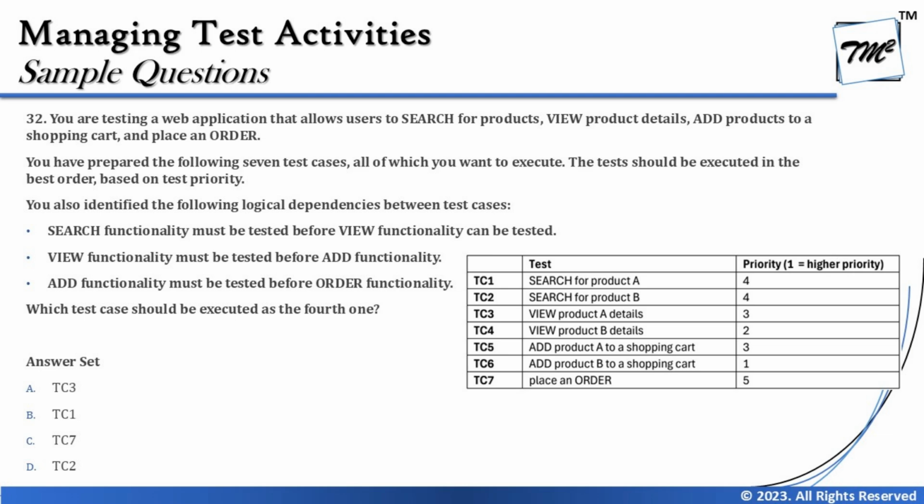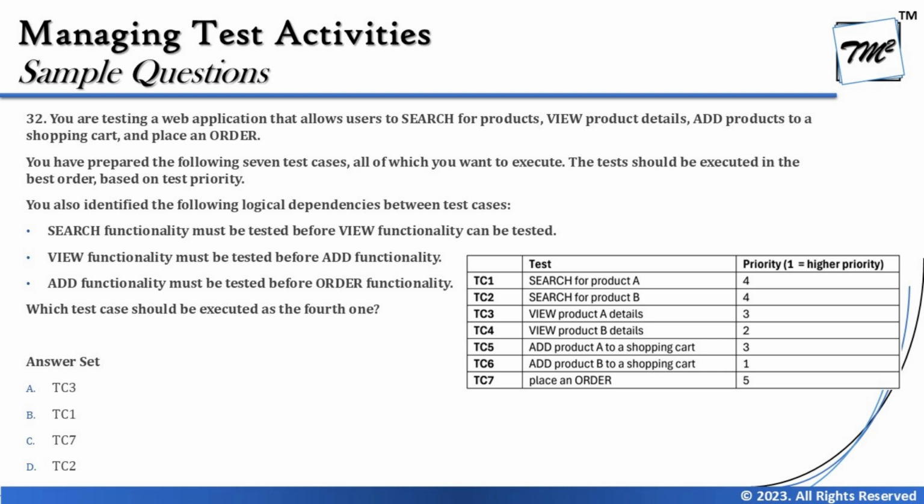But if you further notice, you have the priority in the next column, which clearly says priority 1 is given to product B, okay? And 1 is equal to higher priority. And 2 is again given to product B, that is for view.